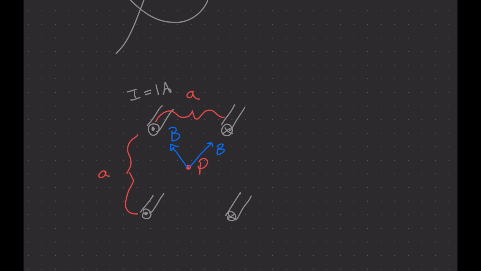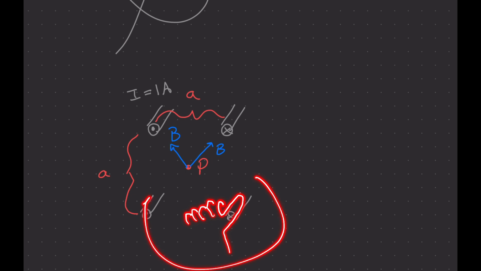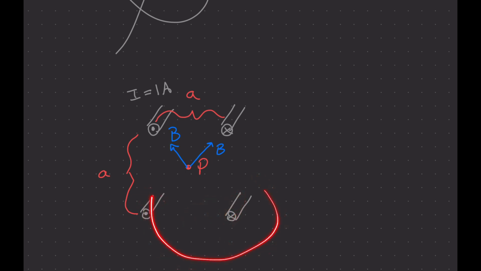Now let's take a look at the other wires. In this case, my thumb is pointing into the page, and my fingers are wrapping around this way. So the magnetic field is going around this direction. Since it's going around like this, exactly at the point P over here, the magnetic field is going this way.